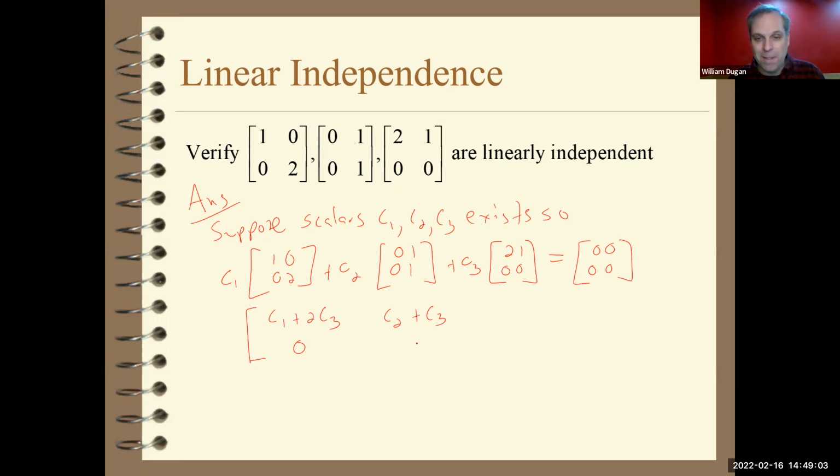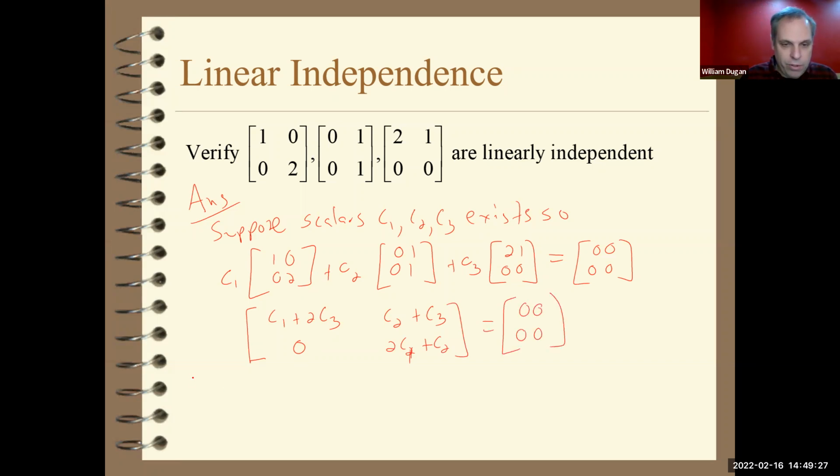That makes it easy. And the very last one, second row, second column, that'd be 2 times C1 plus 1 times C2, so just C2. And that's equal to the matrix 0, 0, 0, 0.